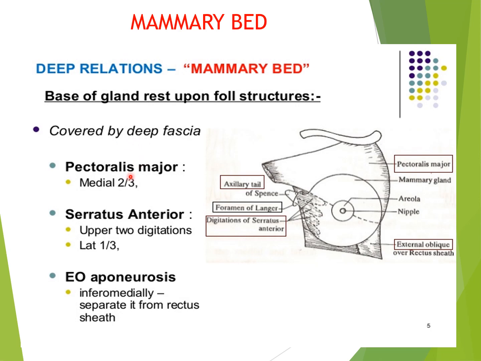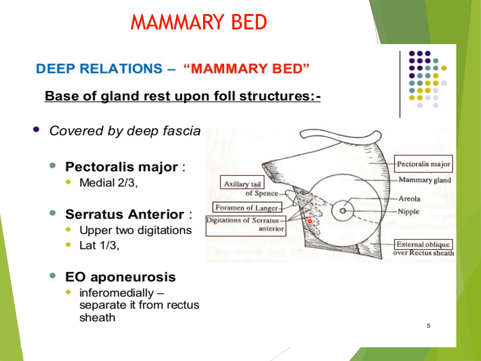Number 1, we have the pectoralis major muscle. Can you see here? This is pectoralis major, in the medial 2/3, and serratus anterior in the lateral 1/3. You can see here the digitations of the serratus anterior in the lateral 1/3.